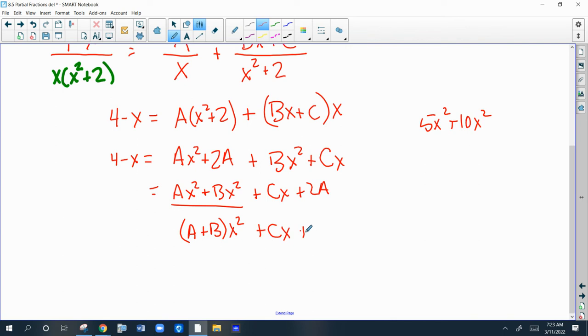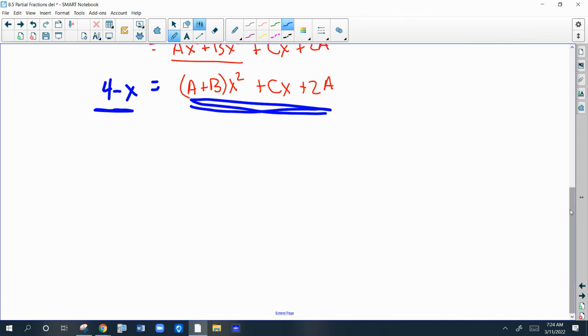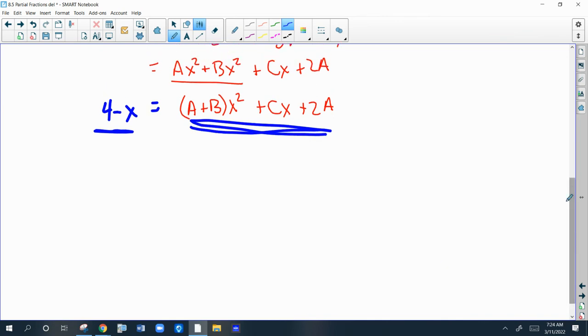So now we've expanded this whole side. And remember, this is an identity. So this has to be true for all values of x. So we have this polynomial over here is the same as this polynomial over here. Now, the only way that these polynomials could be the same thing is if their coefficients on their like terms are exactly the same.